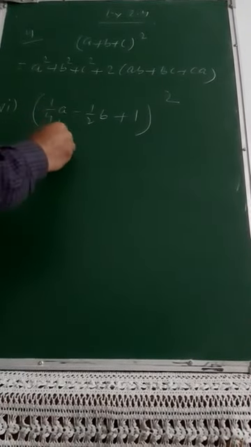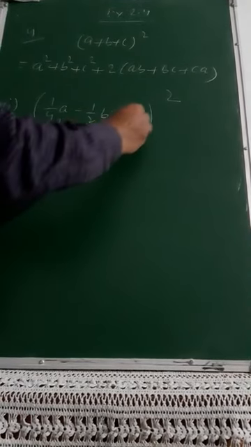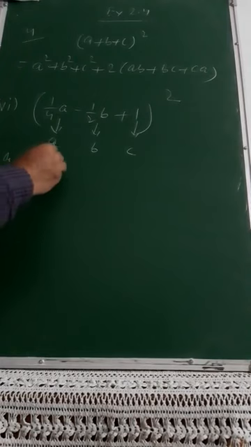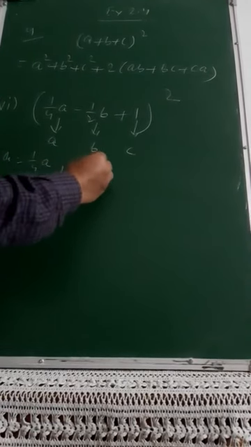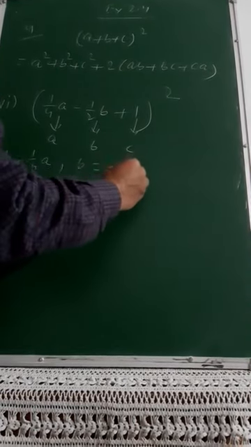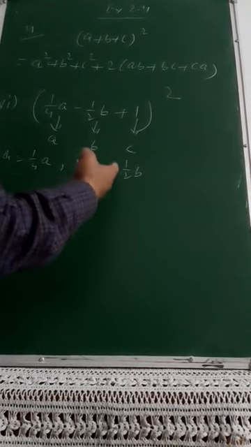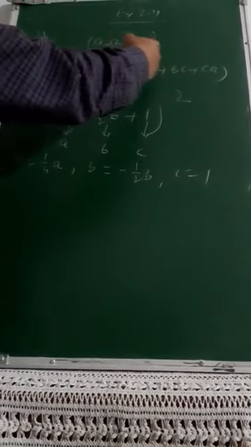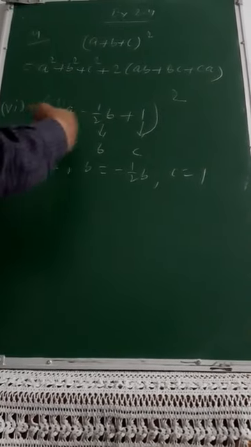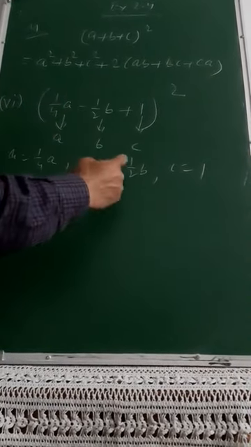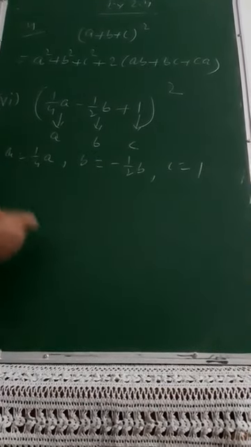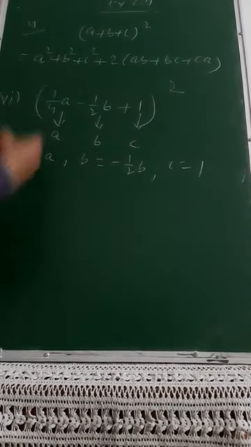Now this is A, this is B, and this is C. A is 1 upon 4a. B is minus 1 upon 2b, remember this is minus, so put that minus. And C is 1. When it is with a minus sign, you need to put the minus sign there, and C is 1. Simply substitute these values now.